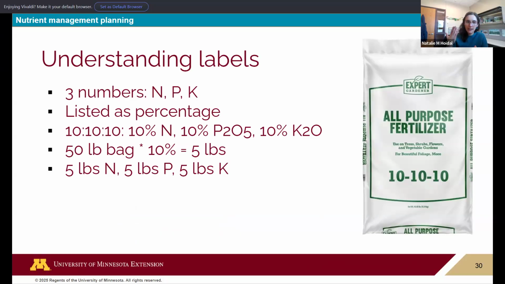So in a 50-pound bag of 10-10-10, you've got 10% nitrogen, 10% P2O5, 10% K2O. Those are the forms that plants use phosphorus and potassium. In a 50-pound bag, 10% would be 5 pounds. 10% of 50 is 5. So you have 5 pounds of nitrogen, 5 pounds of P2O5, and 5 pounds of K2O in that bag.